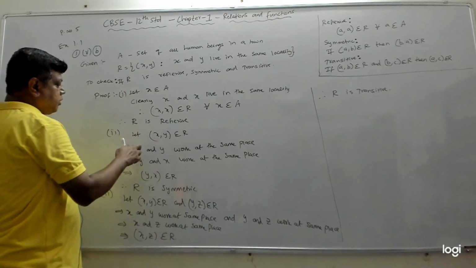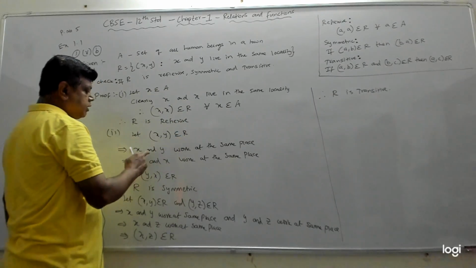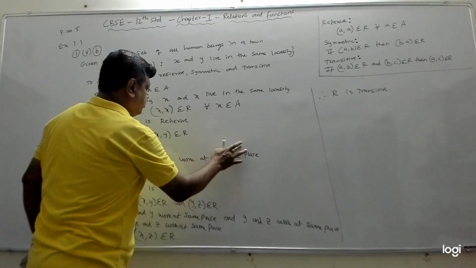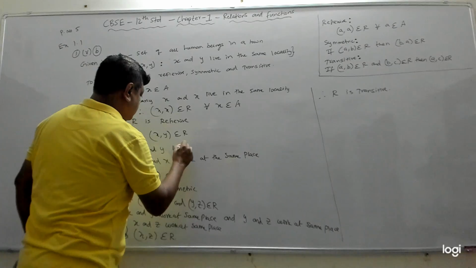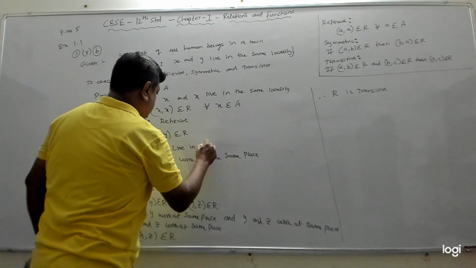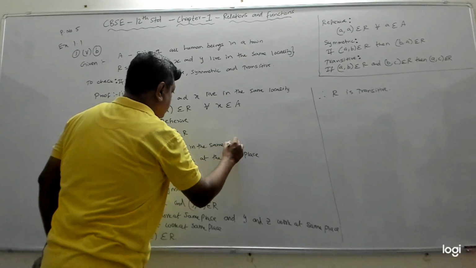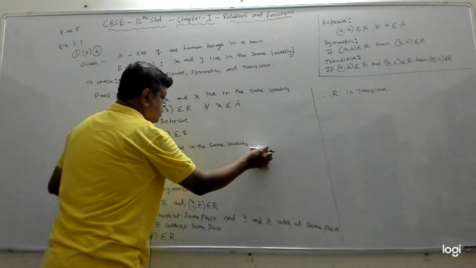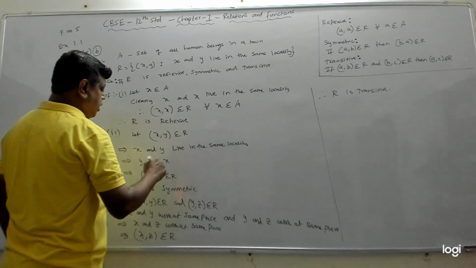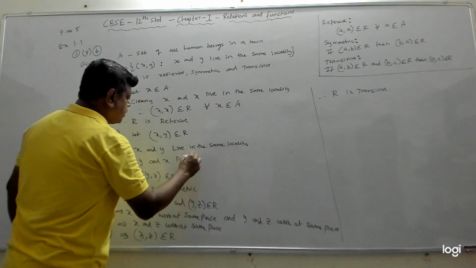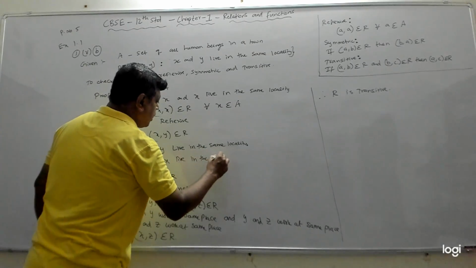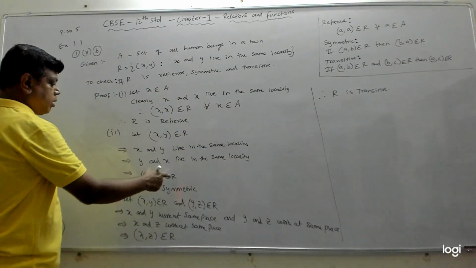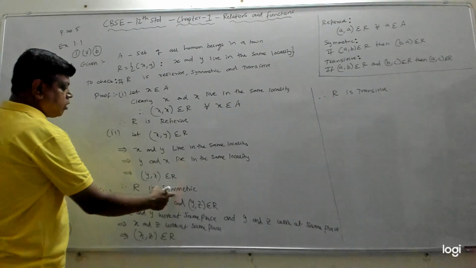Now to prove symmetric, we should take x comma y belongs to R, which means x and y live in the same locality. So here also, when x and y live in the same locality, y and x also live in the same locality. So therefore y comma x belongs to R, therefore R is symmetric.